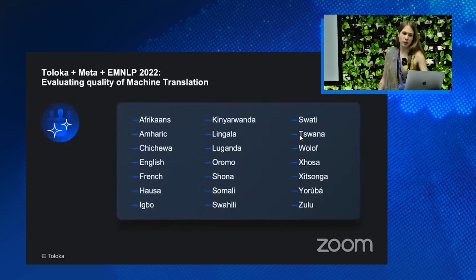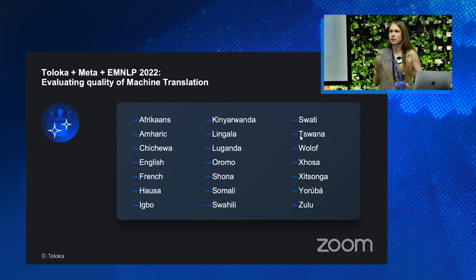So not to be the person who is speaking about something that we just started and we don't know how to proceed with. We already did some voluntary work with that. We did the first at the machine translation conference in 2022. We were evaluating the quality of machine translation of 14 African languages, which are low resource, not because not enough people speak them, no, a huge amount of people speak them in the world, but they're absolutely not digitalized.